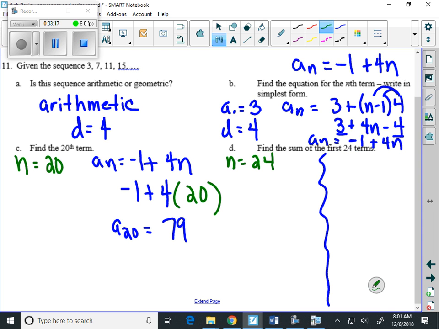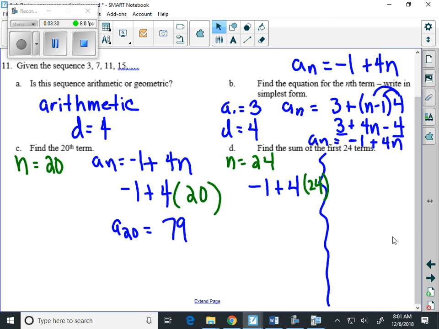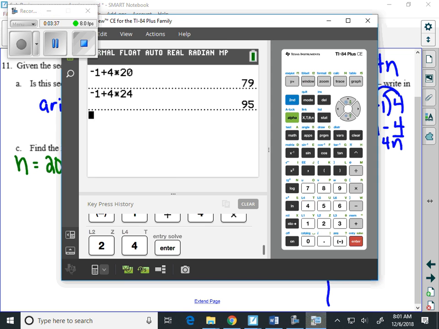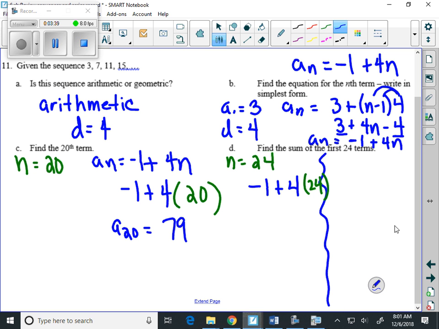So we're going to put 24 back into our function that we found in B. So this is going to be negative 1 plus 4 times 24. We type that in. Negative 1 plus 4 times 24 gives us 95. So our a sub 24 is 95.